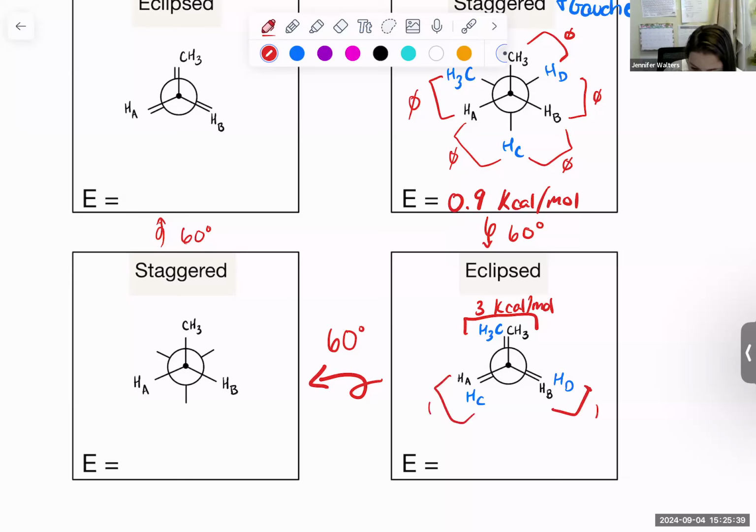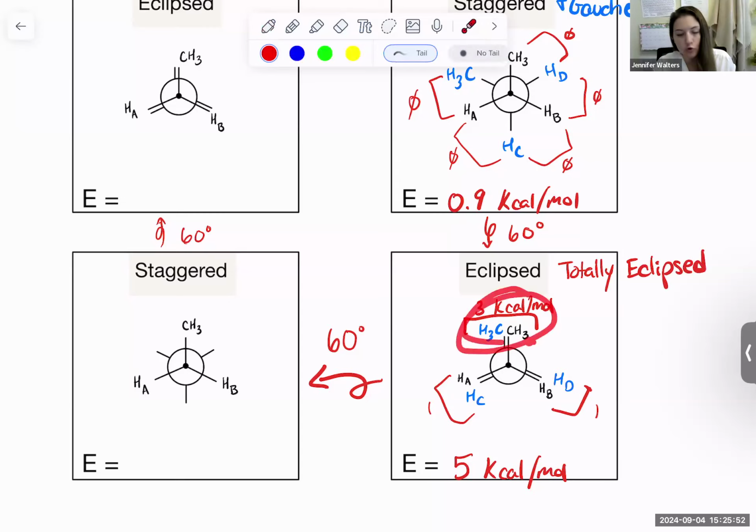Hydrogen over hydrogen is 1. So I have 5 kcals per mole. This is totally eclipsed, because my two largest groups are on top of each other. So this is my totally eclipsed conformation. It will always be the absolute highest energy conformation because it has the biggest things on top of each other. It has the most sterics.